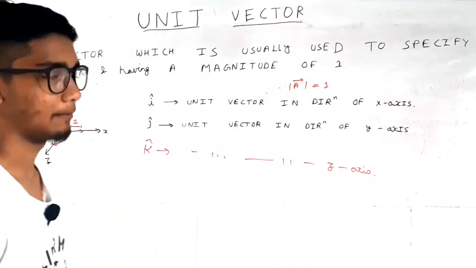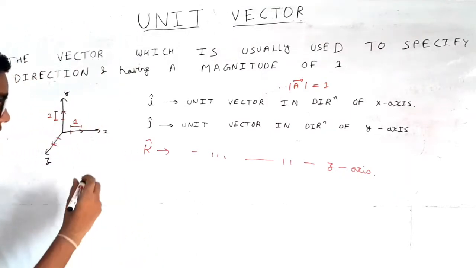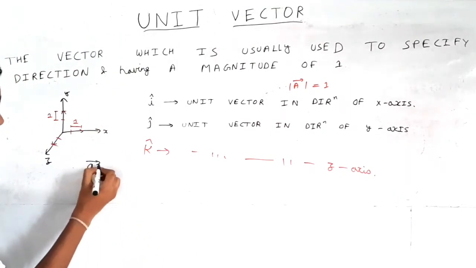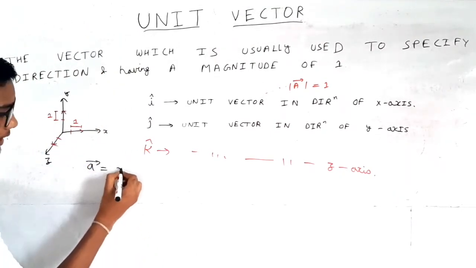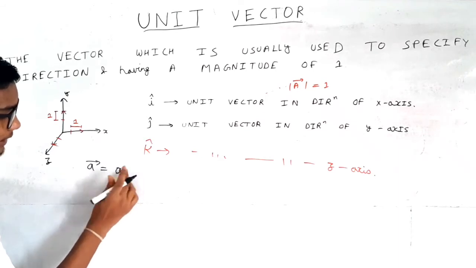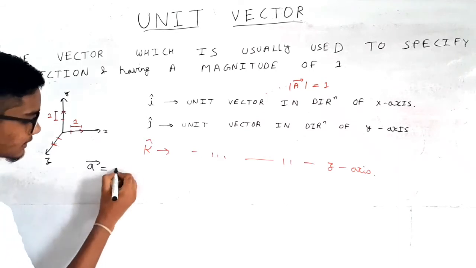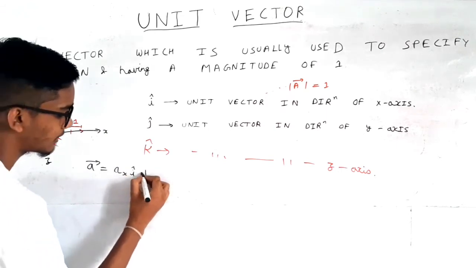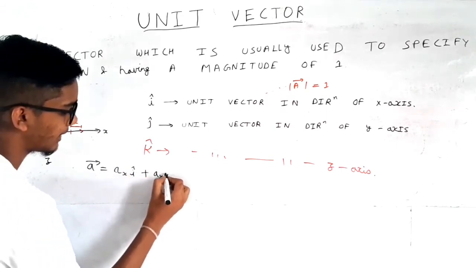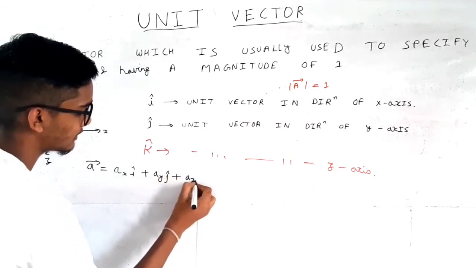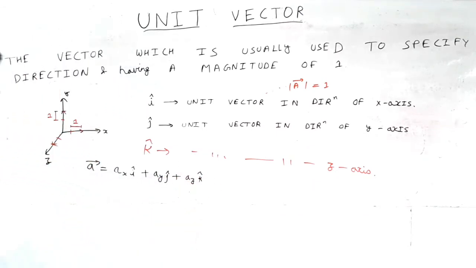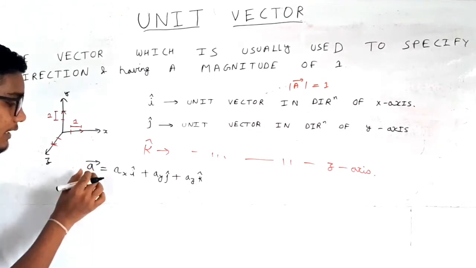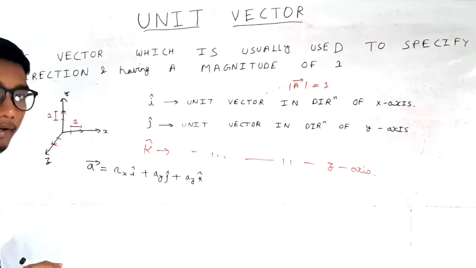Now I will take an example. Let's say a vector A is ax i cap plus ay j cap plus az k cap, meaning ax is in the x-axis. If the question arises what is the unit vector of this vector A, how do we find it?